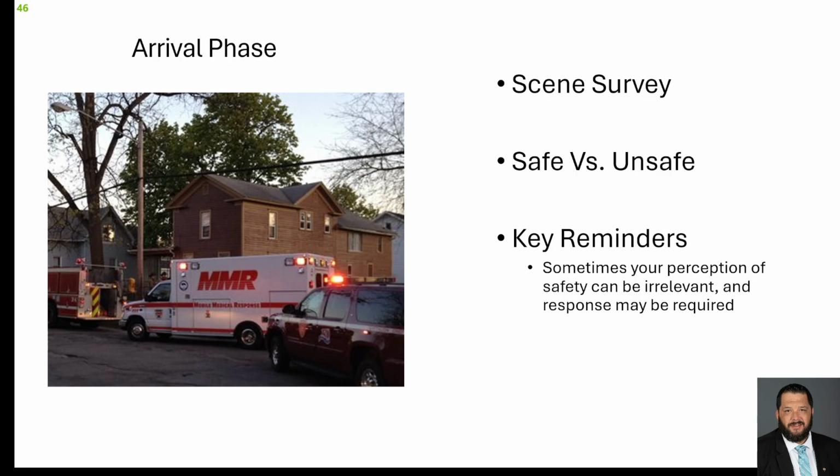And this concept really derives from the idea that if you, the provider, are injured, then you can't help those that are injured.